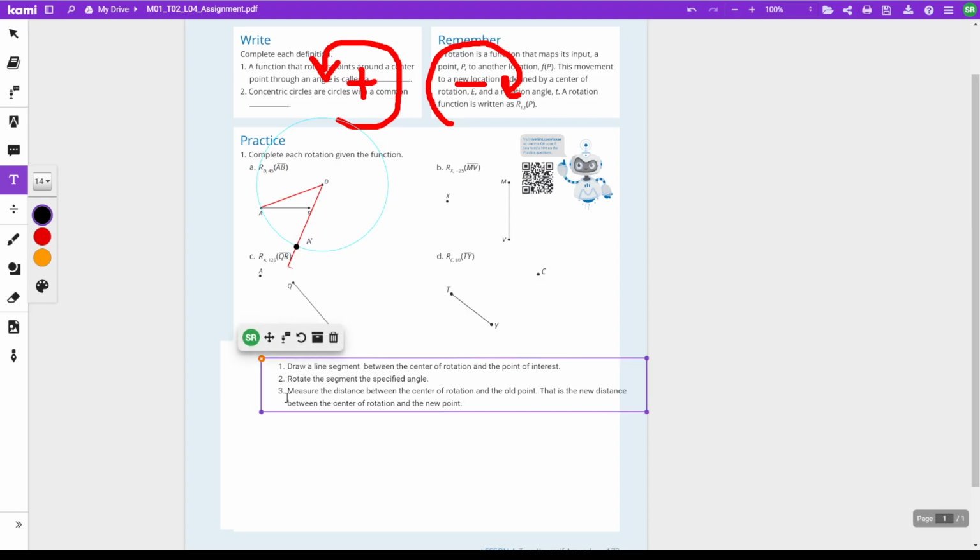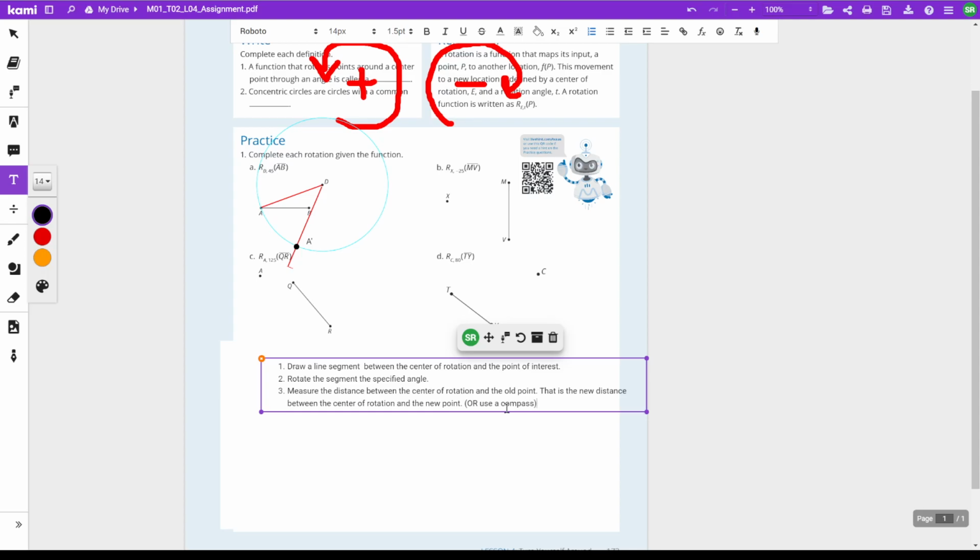So depending on what tools you have, you can get rid of step 3 and instead use the compass to make a circular path, right? So we could say that, or, right, for our step 3, use a compass, because that circular path is also going to show us where that A prime location is along the line that we rotated.